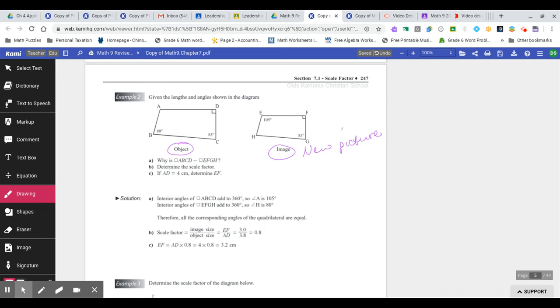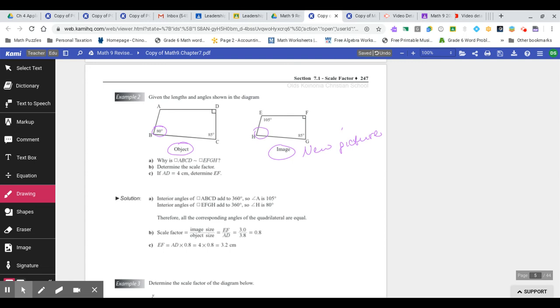All right, so the first thing I would do is you need to decide before you can do this if these are actually similar. So to be similar, we need to see if the angles are all the same. Now, they don't give you this 80 over here in this angle, but is it true? And the answer is yes, it is.